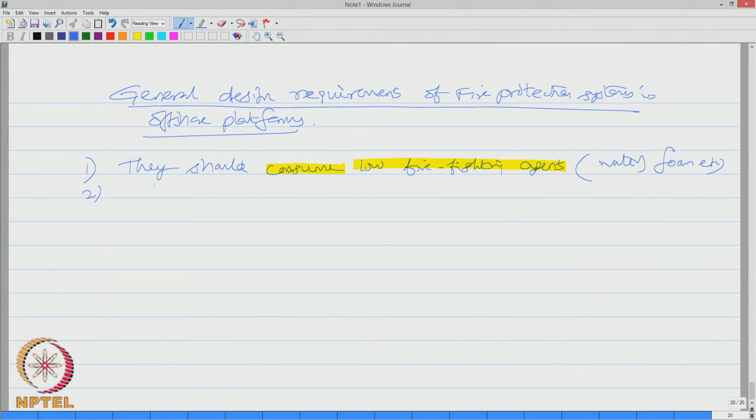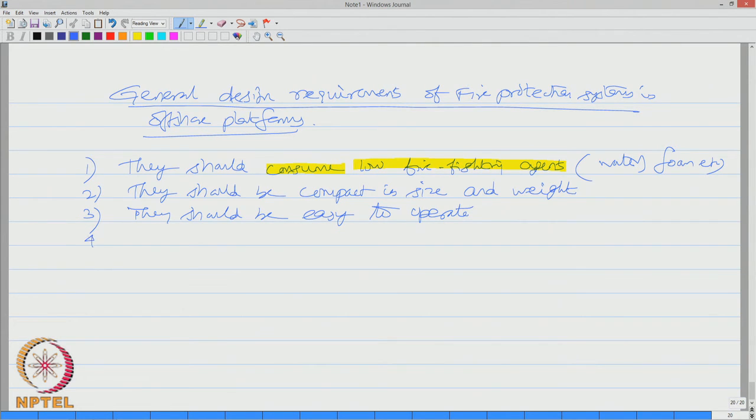Secondly, they should be compact in size and weight. They should be easy to operate. They should be completely automatic. That is a very important issue.